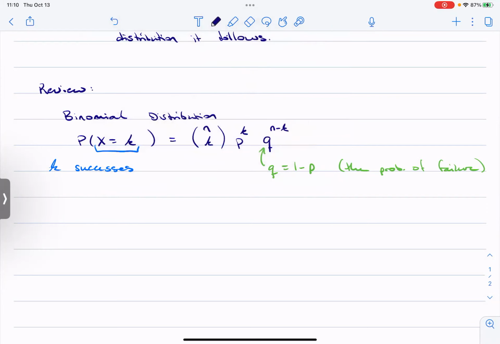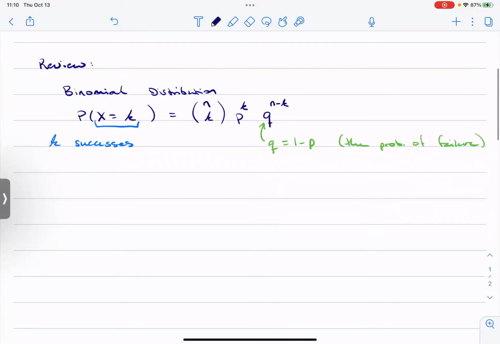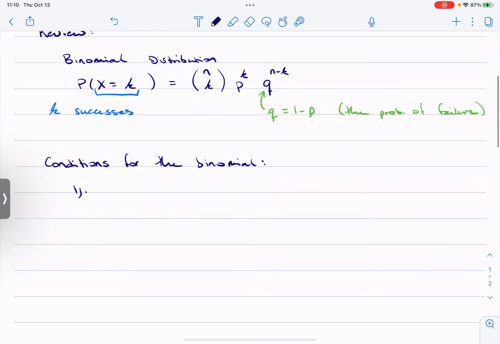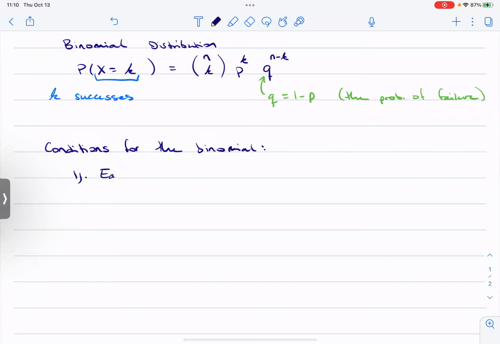The conditions for the binomial distribution, we're going to use those conditions for the rest of the distributions as well. So let's just remind ourselves what they are. So the conditions for the binomial: the first is that each outcome is independent, which means that the probability of success stays the same for each trial.